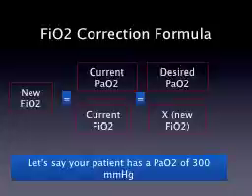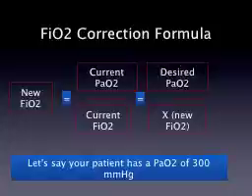So let's say our patient has a PaO2 of 300 millimeters of mercury, and their FiO2 is 0.8 or 80%. That's the current FiO2. And I want to get their PaO2 from 300 down to 90. I want to know what FiO2 it would take to get that PaO2 down to 90.